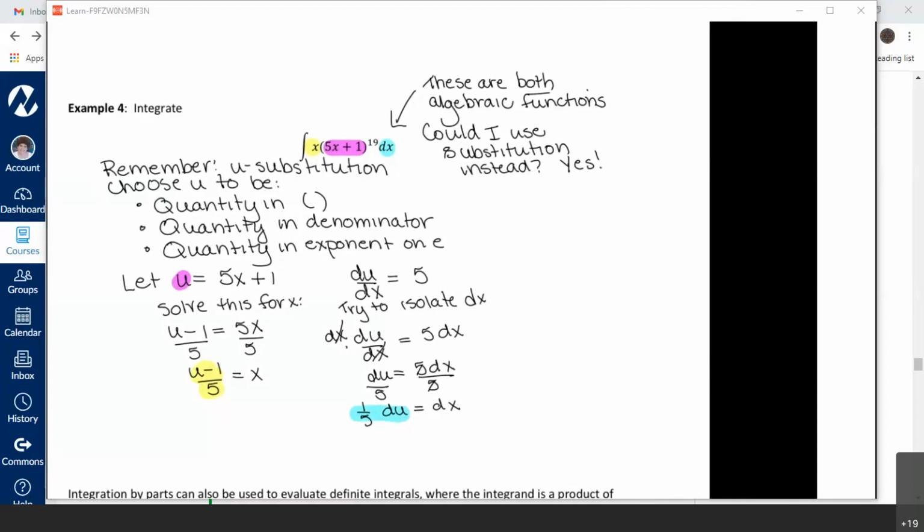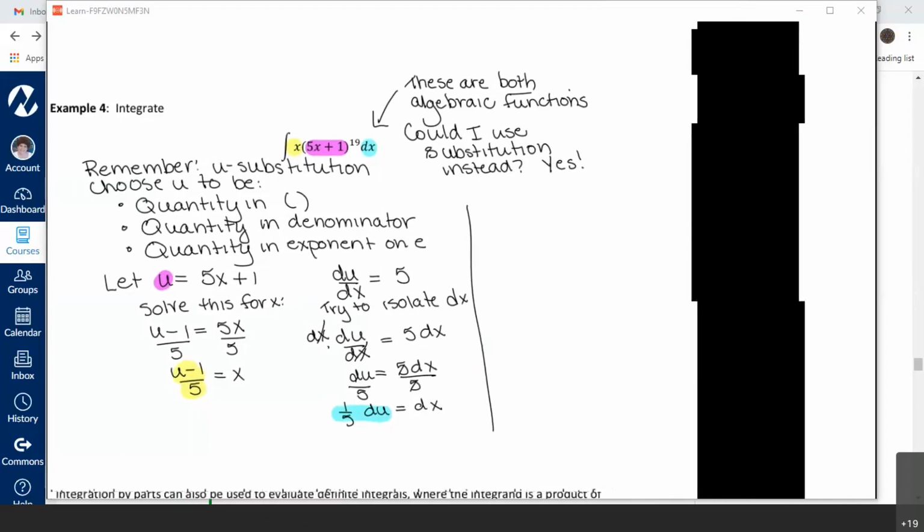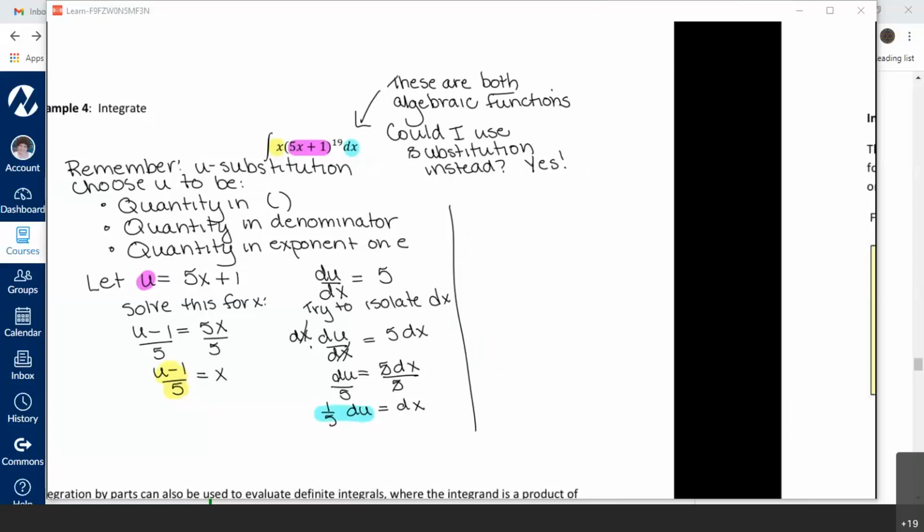Everybody good with it so far? Okay. So now let's do the substitution part. Here's the integral. My x is going to be u minus 1 over 5. So that's x. And then I have u to the 19th, which is just substituting for u.